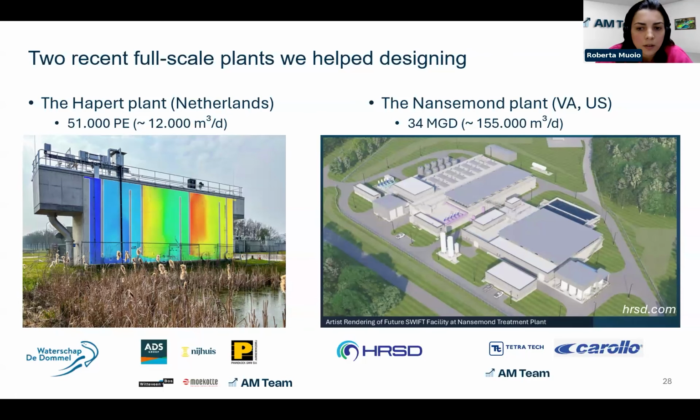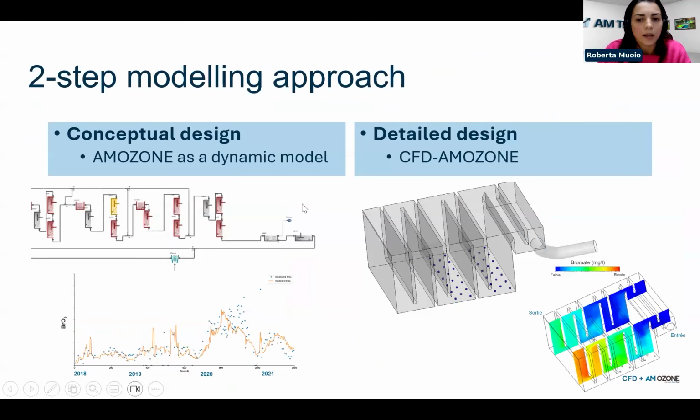So in both cases, the utilities, the Dombel and HRSD, wanted us to support the detailed design of their installation using our CFD AMOZONE model. So we closely worked with the design teams. You can see some logos here on the slide throughout this entire process. So we applied our two-step modeling approach. At first, both utilities went for the virtual piloting, which means the conceptual design using AMOZONE as a dynamic model.